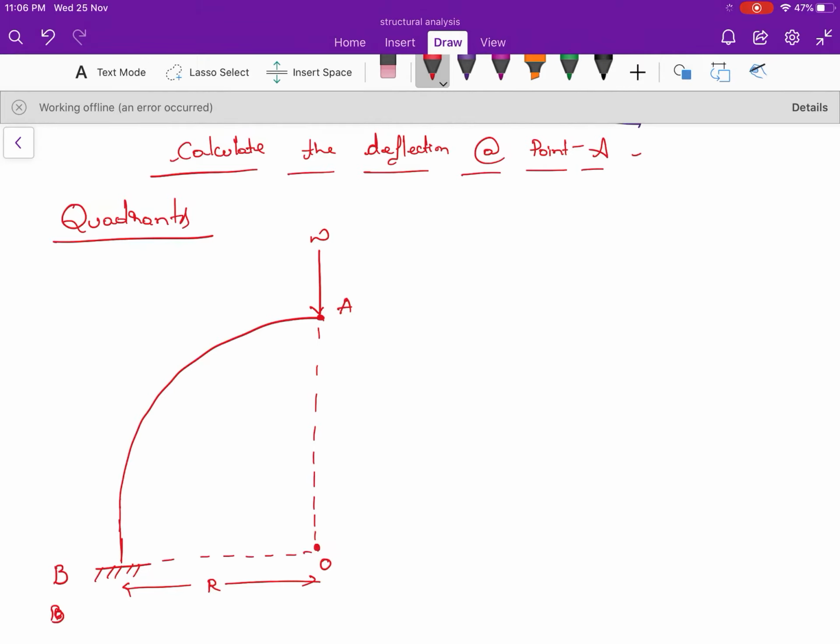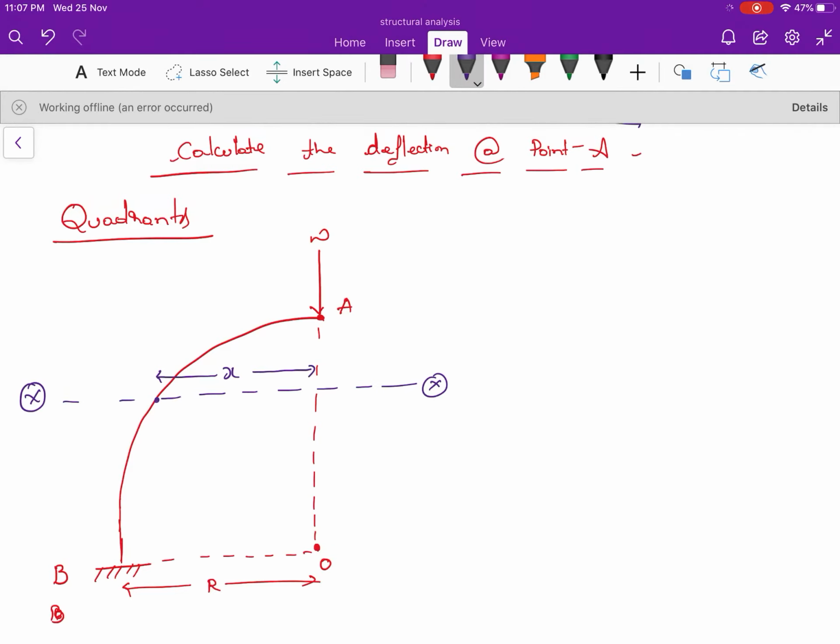In order to find the deflection at point A, I am cutting the section XX at a distance X from the axis. It's better if I write X here, just to make the calculation simple.